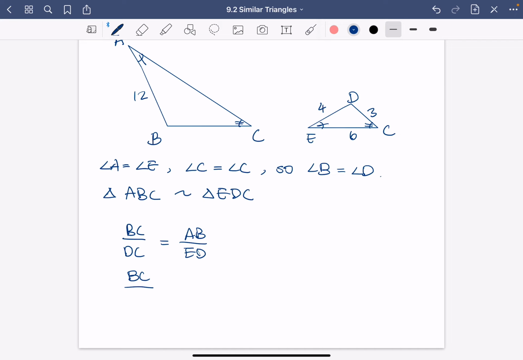And then DC is 3, AB is 12, ED is 6. So we can do cross multiply. So 6BC is equal to 12 times 3. And so 6BC is equal to 36. And so divide both sides by 6. We get BC is equal to 6.